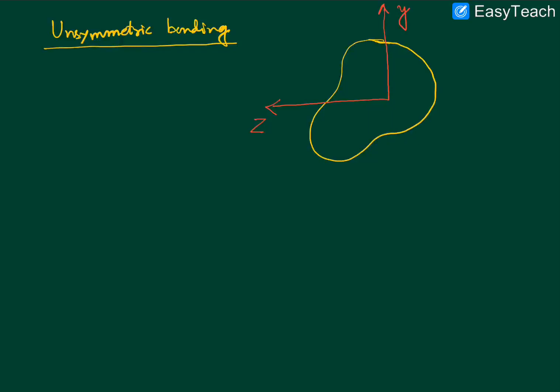So what I will do is denote the neutral axis in this fashion. And I will also orient a new coordinate axis z dash along this neutral axis.